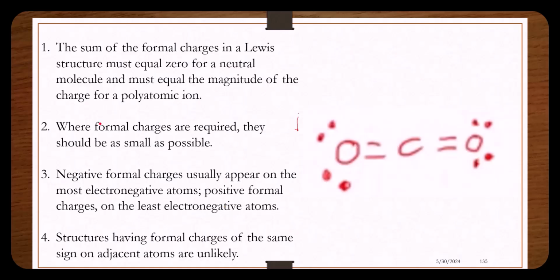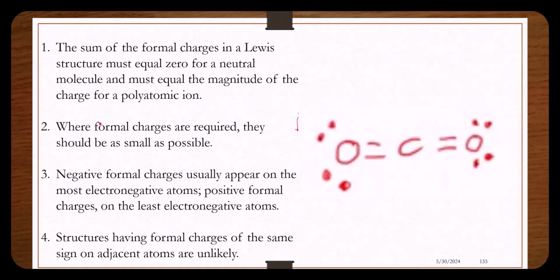We determined that this had a formal charge of 0 and that it was a neutral molecule. So looking at step 1, the sum of the formal charge in the Lewis structure must equal 0 in a neutral molecule. The second guideline is where formal charges are required, they should be as small as possible. The third guideline is negative formal charges are usually on the most electronegative atom, and positive formal charges are on the least electronegative atom. Since we don't have any formal charges, this guideline would really not apply.